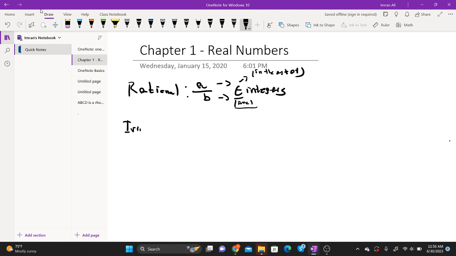So irrational numbers are the opposite. Irrational numbers cannot be written in the form a over b, right? And we switch right here.